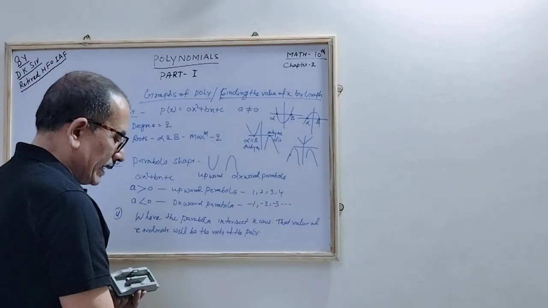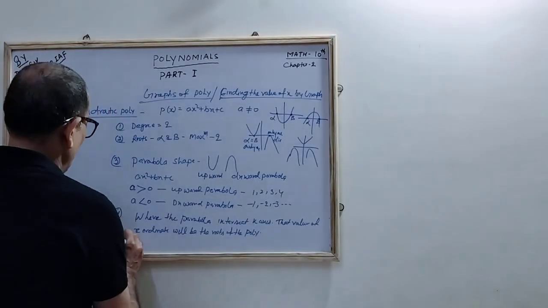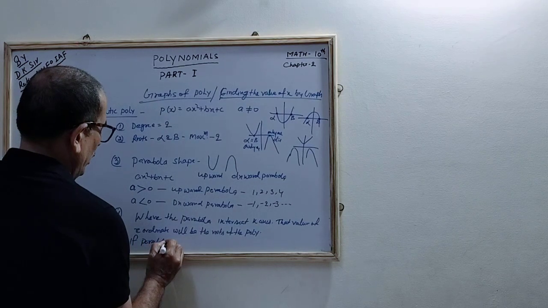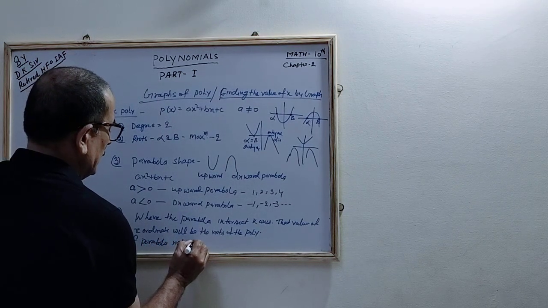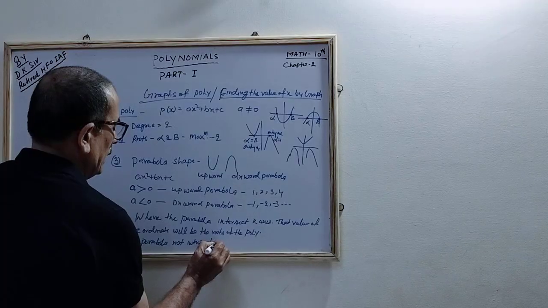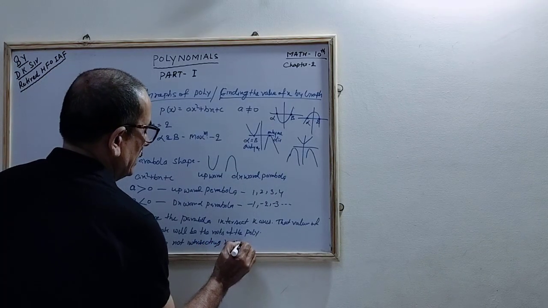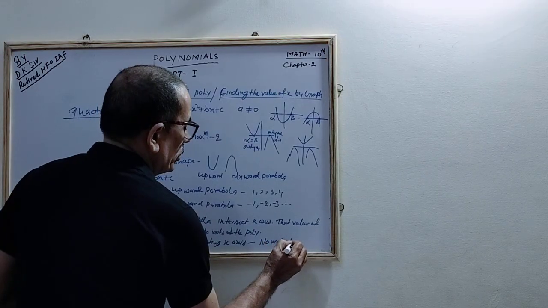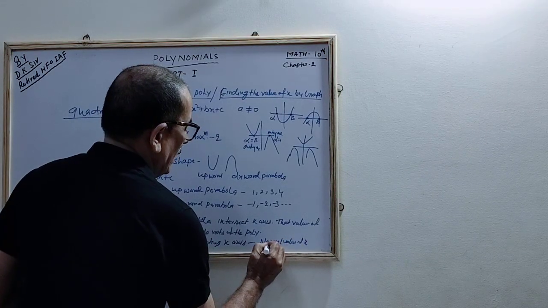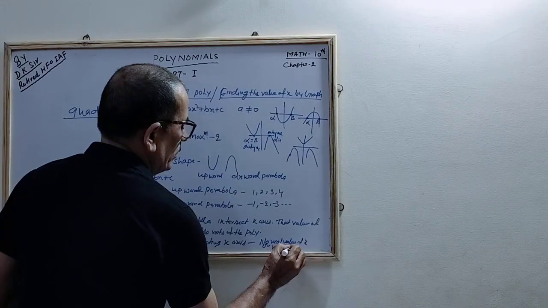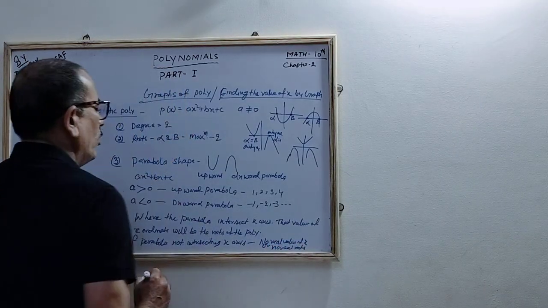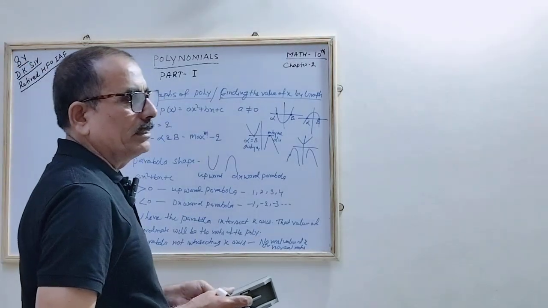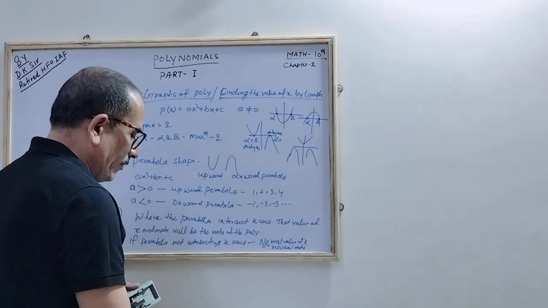If not touching the x-axis, there will not be a real value of x. If a parabola is not intersecting the x-axis, you should understand there are no real values of x, or you say no real roots, correct? Whatever you say, both are the same. Finding the value of x, telling the alpha beta, or finding the roots, all three are synonyms. Different ways we are telling it.